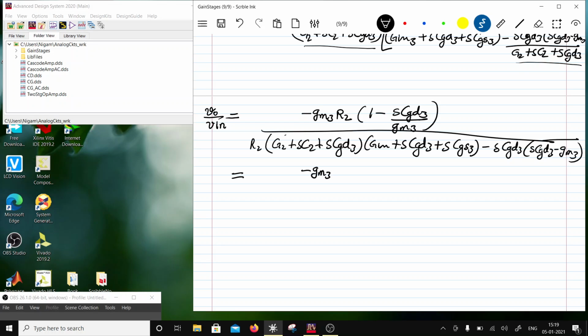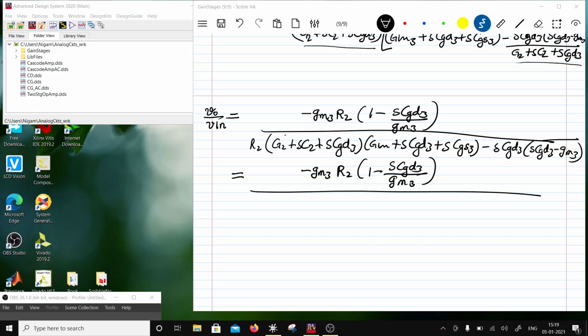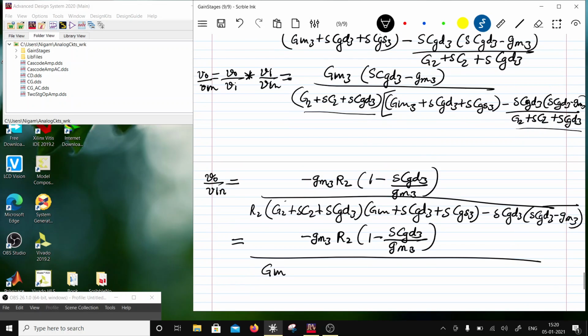So I'm going to have GM3 R2 times 1 minus SCGD3 divided by GM3, and then I am going to multiply these terms, right, so I will have some S squared terms here, and so I will have here 1, okay, so it will be the same term which is G in, okay, then I should also multiply by R in, oh, because there was a G in term which I forgot here, right?